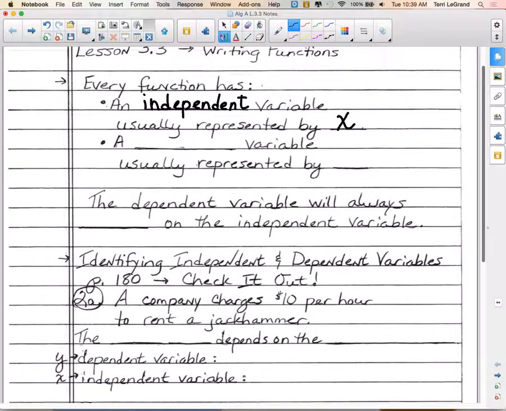But typically, in algebra we've noticed that they use x a lot, right? And in an ordered pair, the first number of that ordered pair is an x value. So that x value is an independent variable. And then every function also has a dependent variable, usually represented by y.